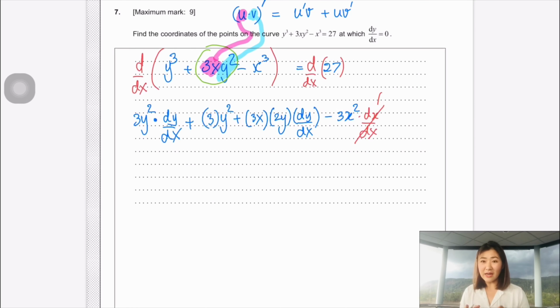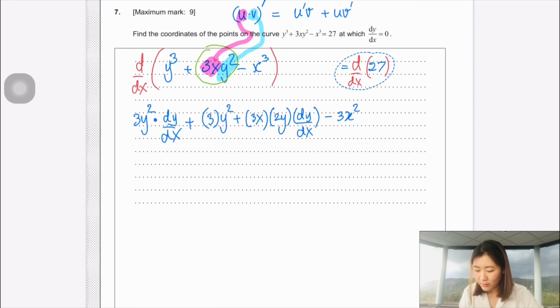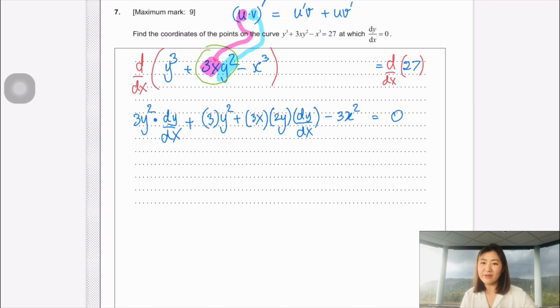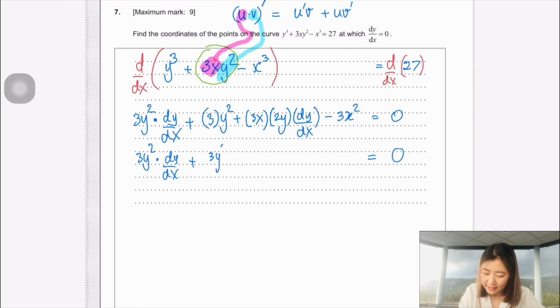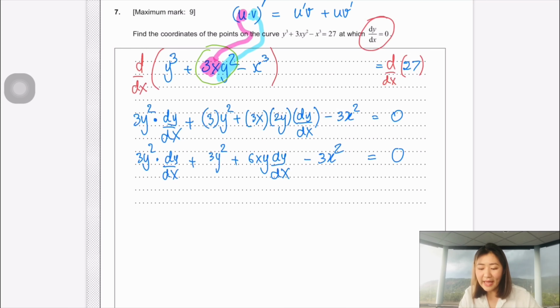That's why it looks like you didn't apply chain rule, but actually you do apply it. Differentiate 27 is 0. Simplify a bit: we have 3y squared times dy by dx plus 3y squared plus 6xy dy by dx, and then minus 3x squared equals 0. And here dy by dx equals 0.